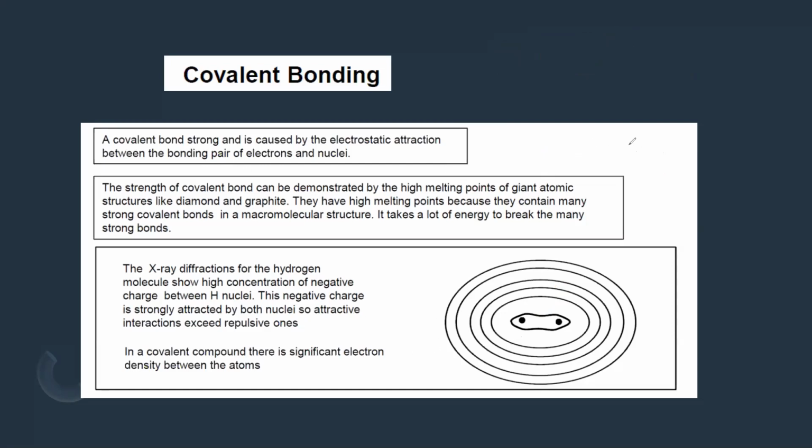We find a similar pattern for other elements as well: the electron density is higher at the center, between the two nuclei, and as we move away from the center, the electron density decreases. Any doubt in this?